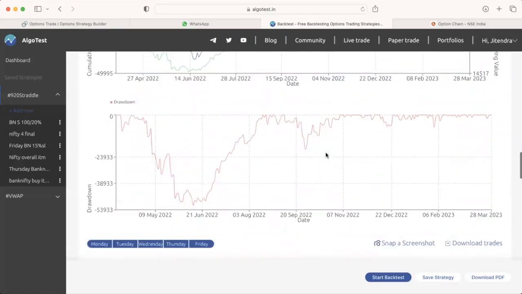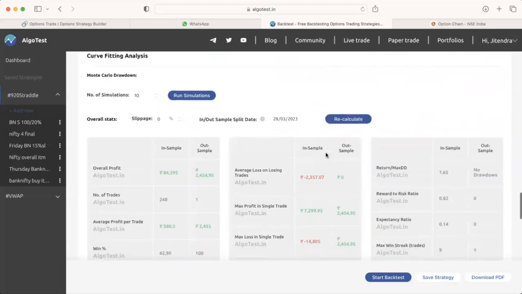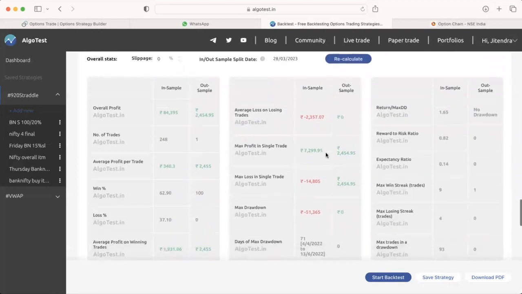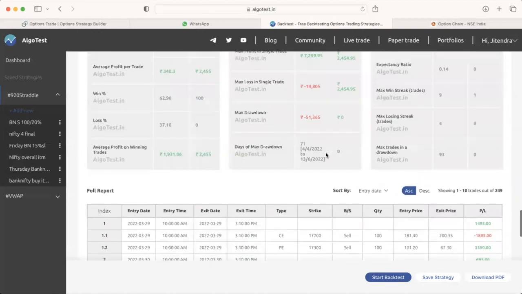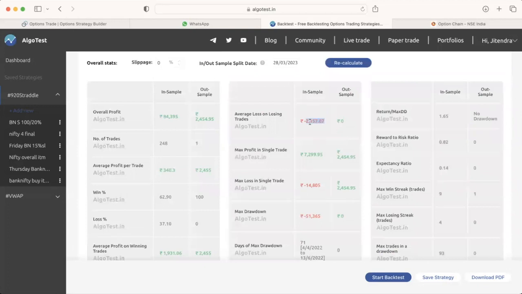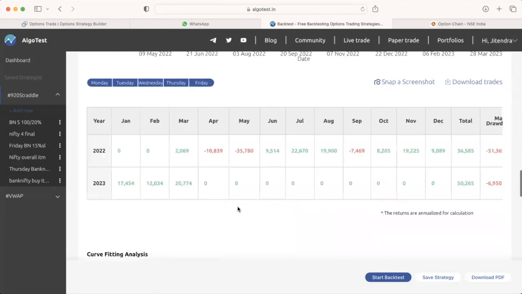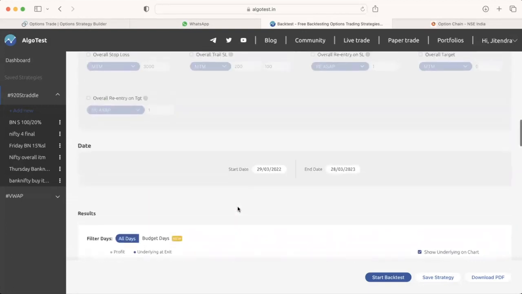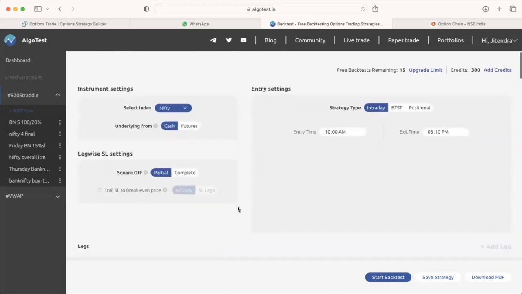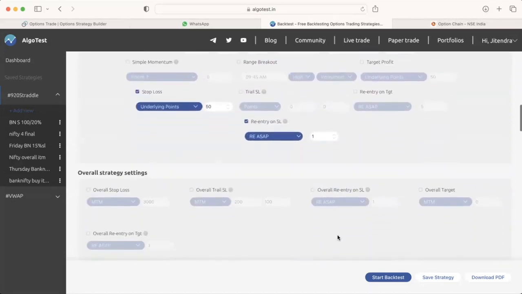If straddle is not working, obviously, average loss has gone down to 2,300 and 62% winning rate. And average profit, overall profit actually has gone down. So again, it is not attractive. Okay. So these are some of the ways where we can use this strategy.